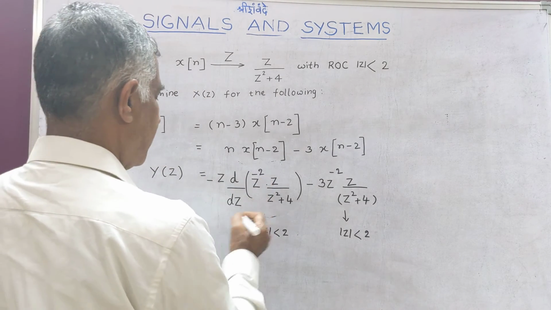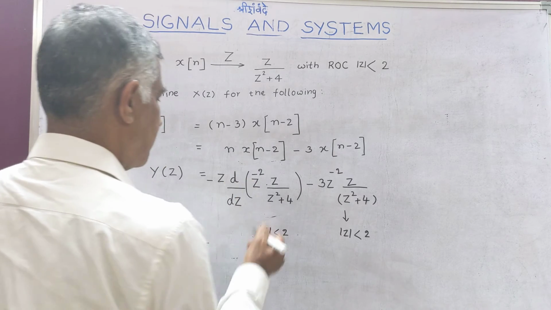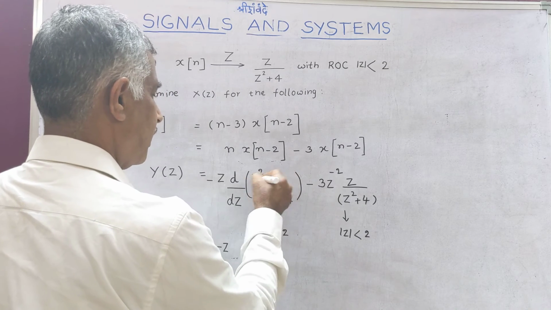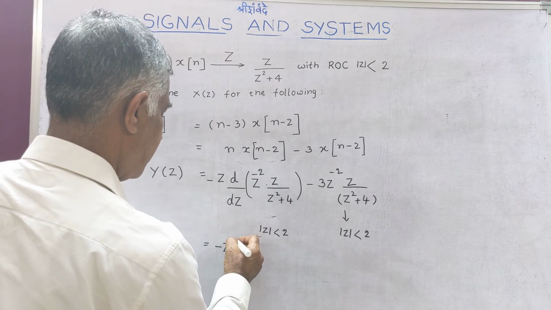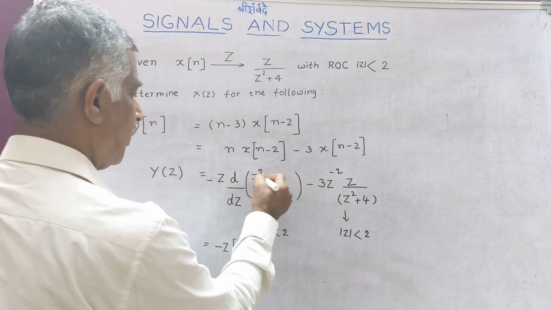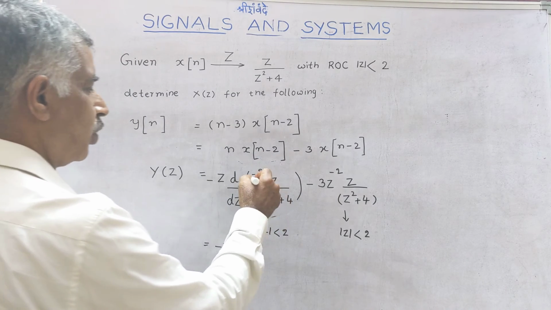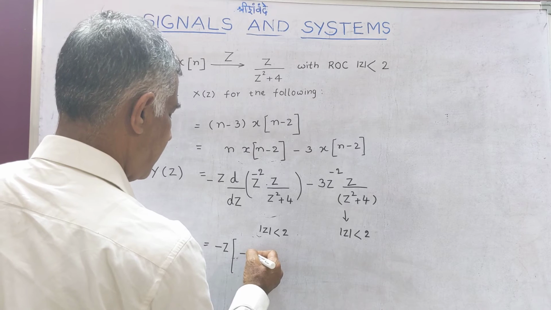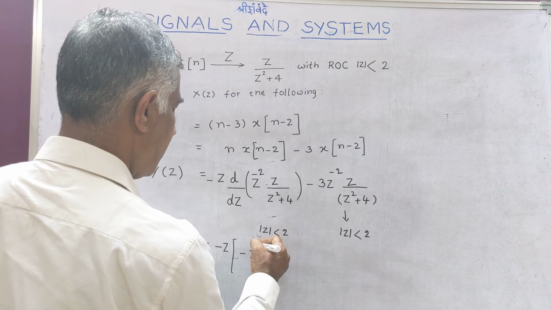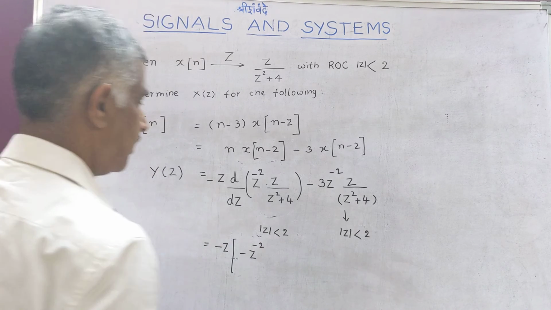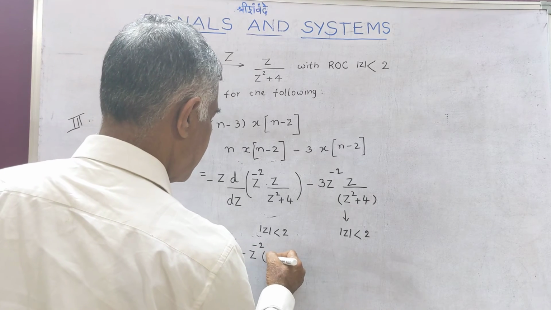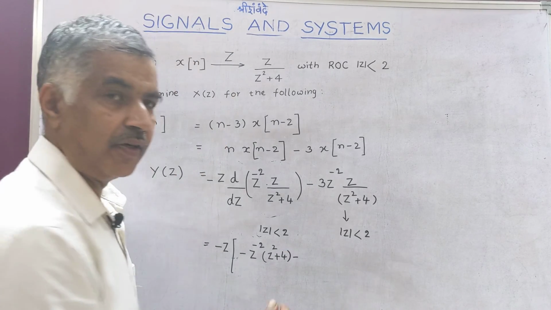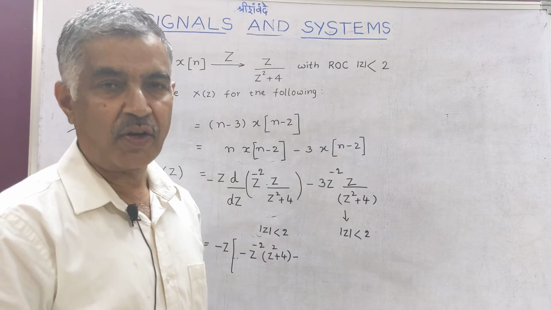Next is simplification. Minus z, d by dz of z to the power of minus 1 over z square plus 4. I am applying the u by v formula.